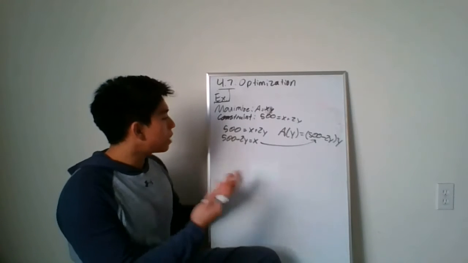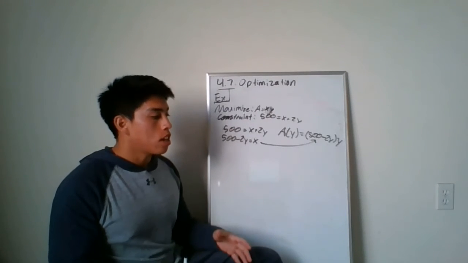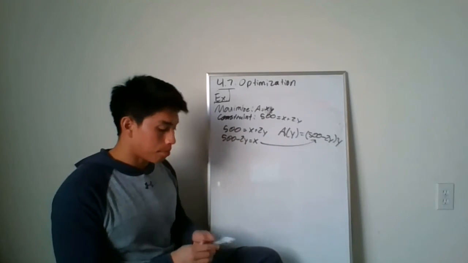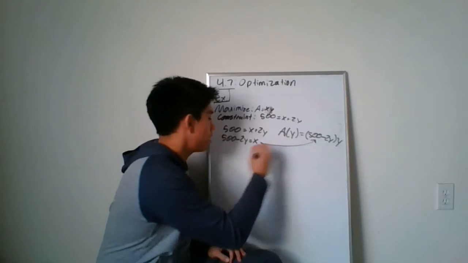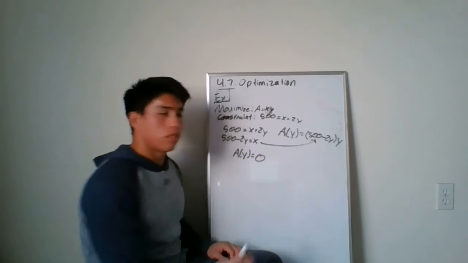So now that we know that, we actually want to make sure that we can solve on a closed interval. And the way we can go about doing that is setting A of Y equal to 0.